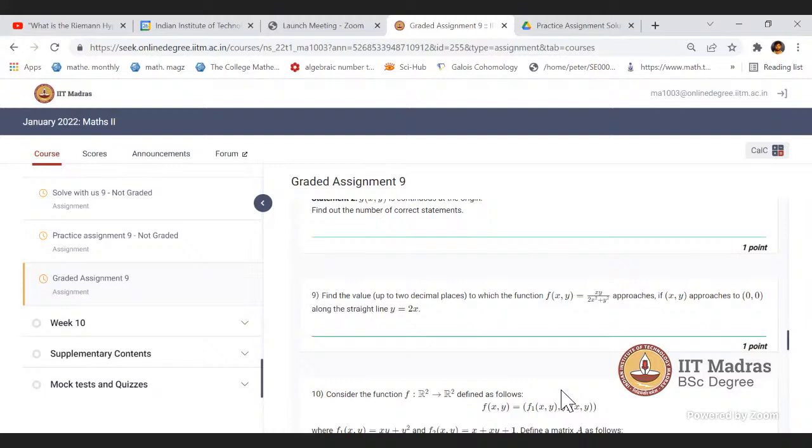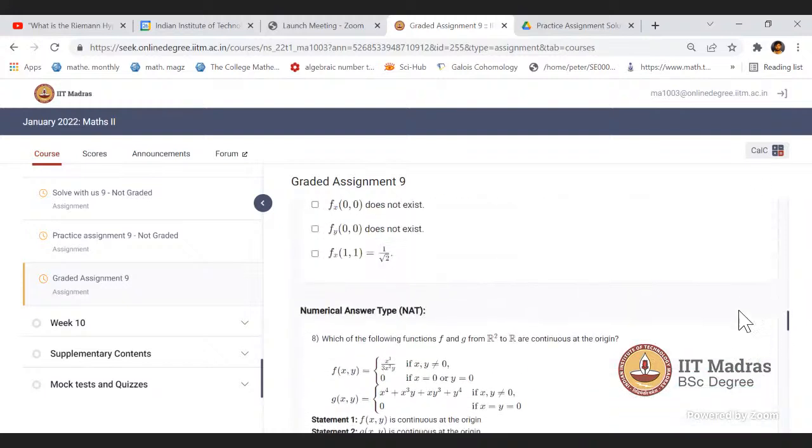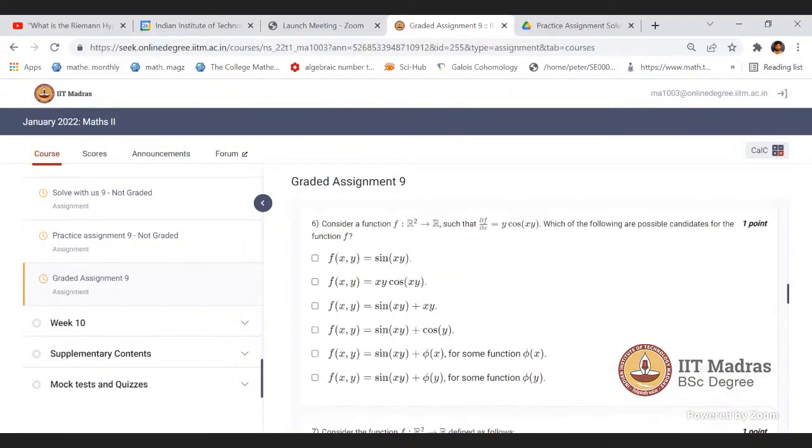Okay, sir. I think so. Basically, this is one question I am doubtful about, but I'm not sure whether you would answer this because it kind of hints at the answer as well. So, question number 6 in graded. Which number 6? Yes.